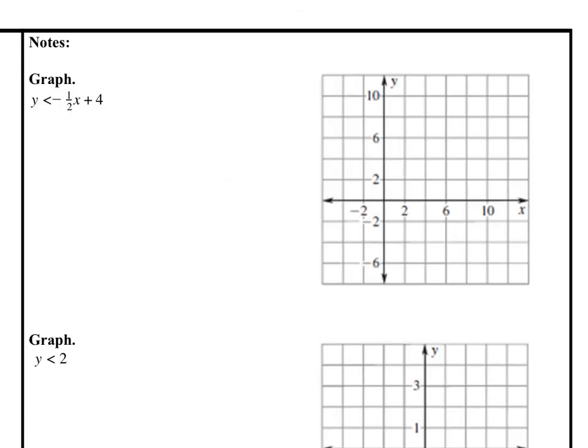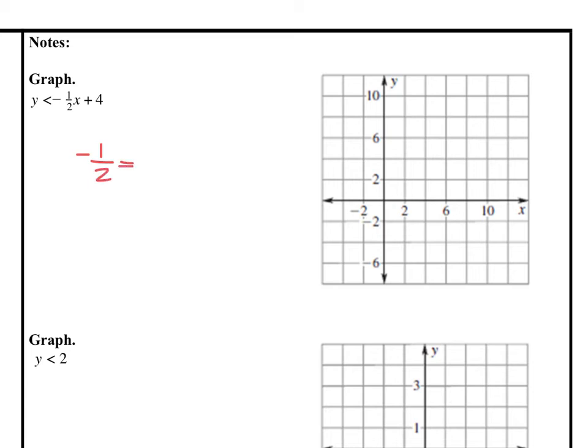Onto our first graph, y is less than -1/2 x plus 4. We're graphing this just like we've done before. This is already in the y equals mx plus b form. So I know my slope is -1/2.